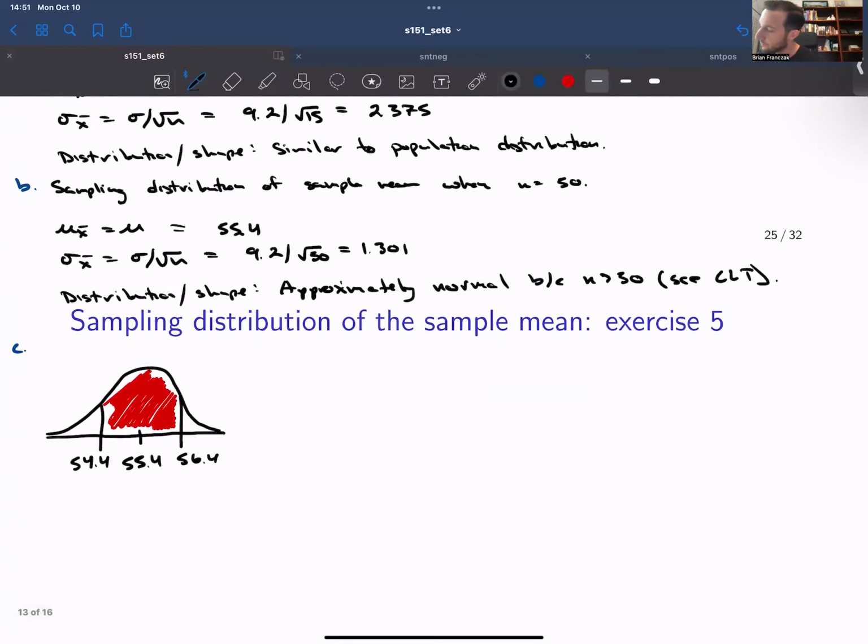So this question is basically asking, what is the probability that mu x bar minus 1,000 is less than x bar is less than mu x bar plus, well, actually, sorry, it would be mu x bar minus 1 because of the scale we're working on.